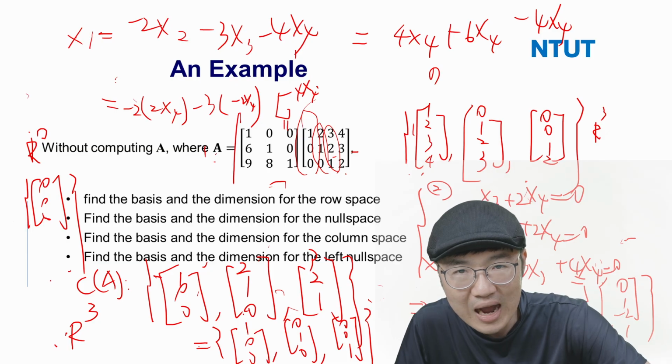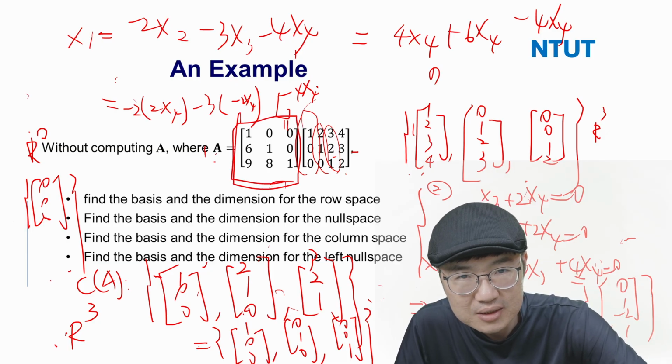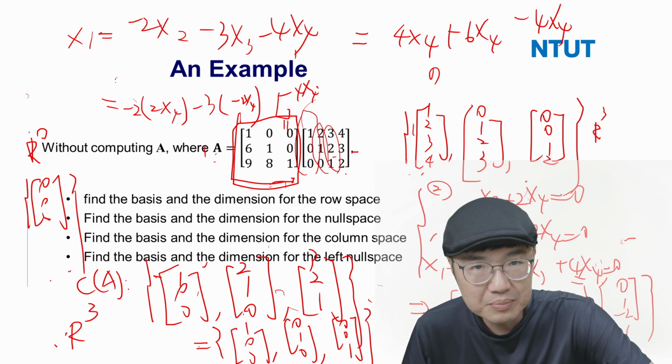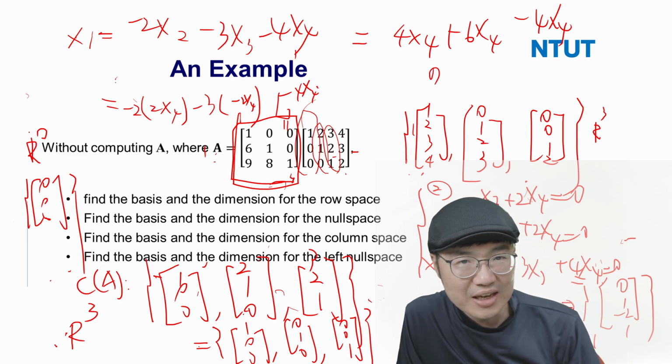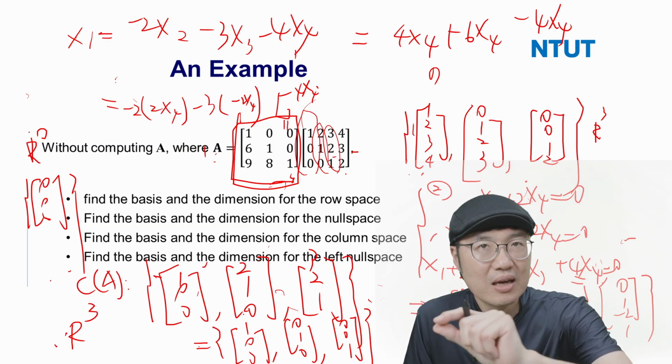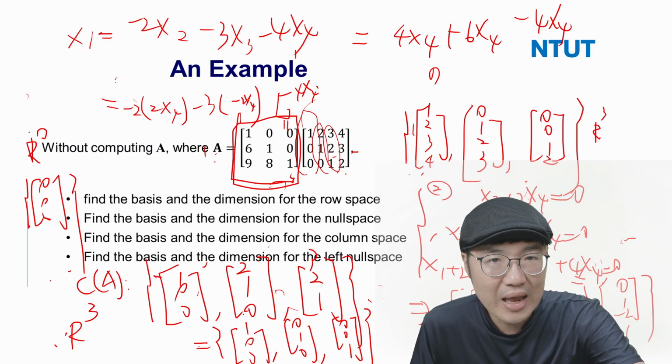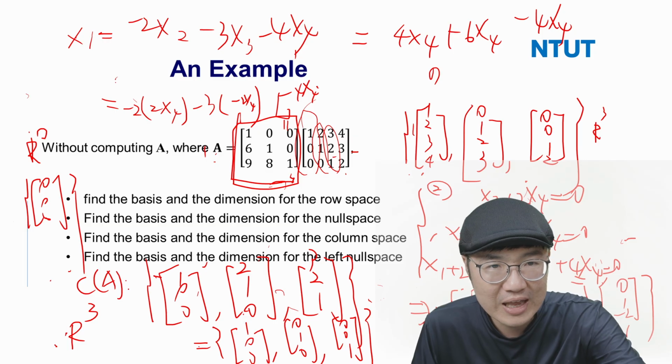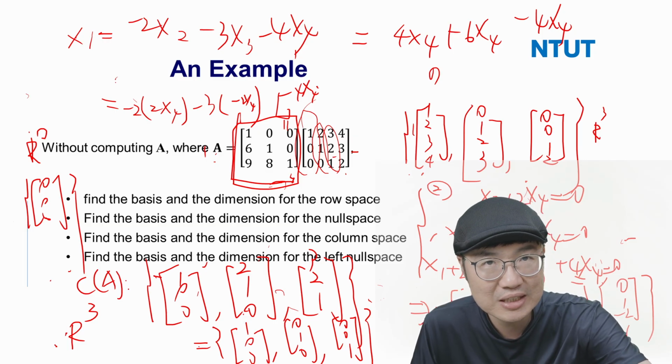So did I ever use anything here? No. This is just a lucky case. I didn't use any information because R is M, and I don't have to find that M minus R null space.